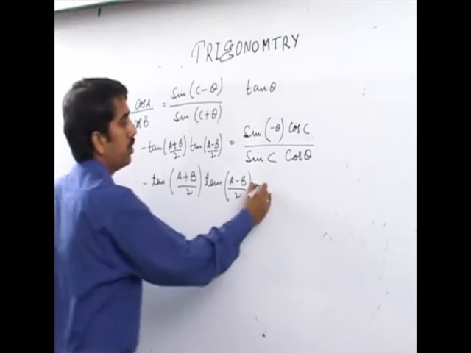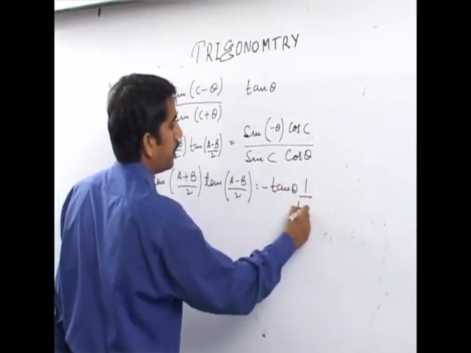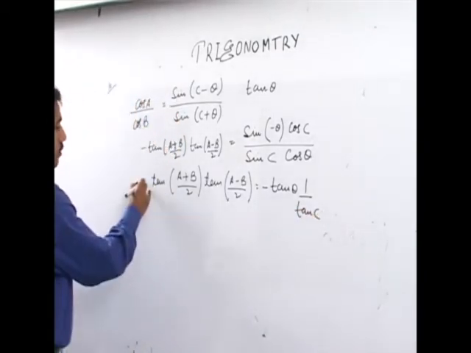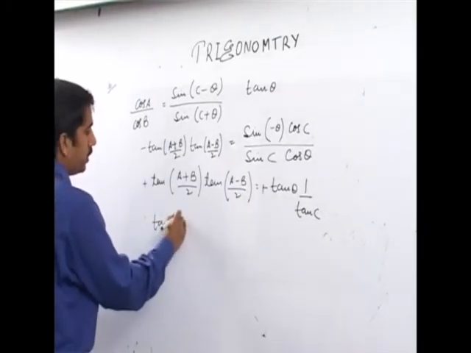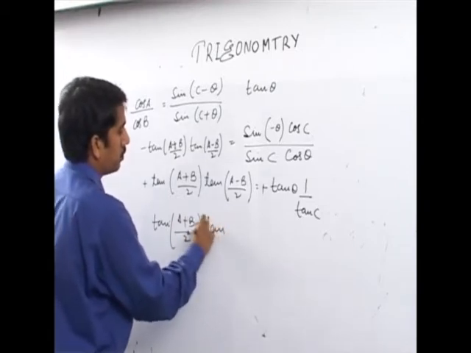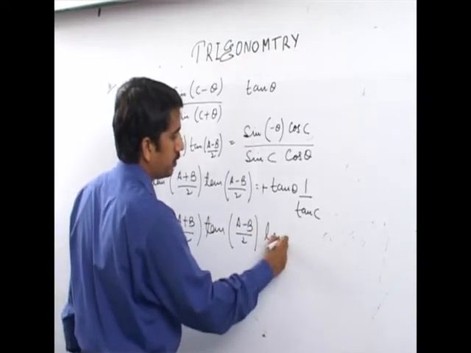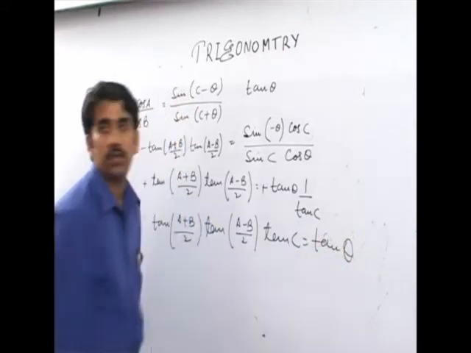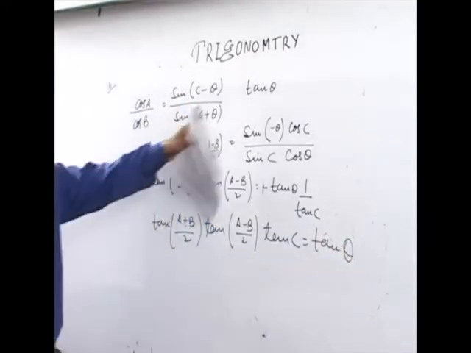This will be equal to minus tan theta into 1 over tan C. Take tan C on the left hand side and this minus minus will be cancelled out and you will be left with tan of (A plus B)/2 tan of (A minus B)/2 into tan C is equal to tan of theta. So this is the value of tan theta.